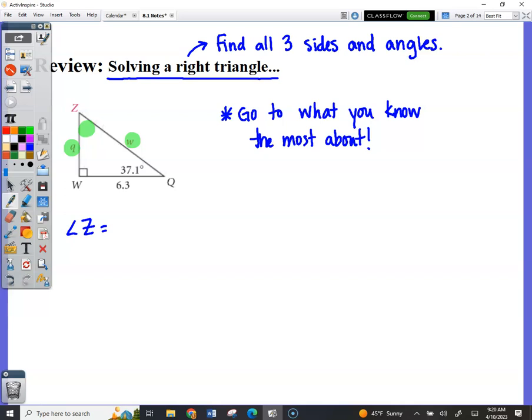And then we also have an angle that measures 37.1. You have to remember, what is the sum of all the angles of every triangle in general? 180. So you can say 180 minus that right angle minus 37.1, and you get 52.9.